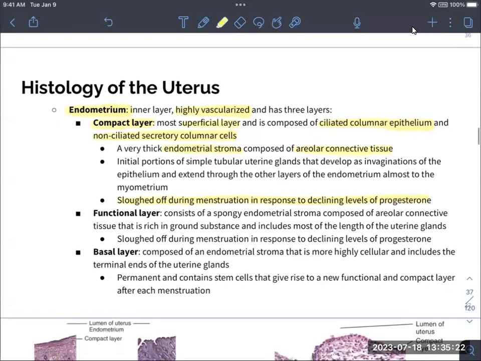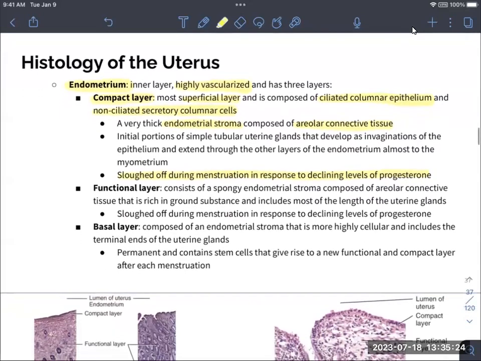It's this endometrium, this compact layer. The functional layer. These are endometrial stroma cells. Again, we've got that areolar connective tissue. This is also sloughed off during menstruation. And then that bottom layer, the basal layer.